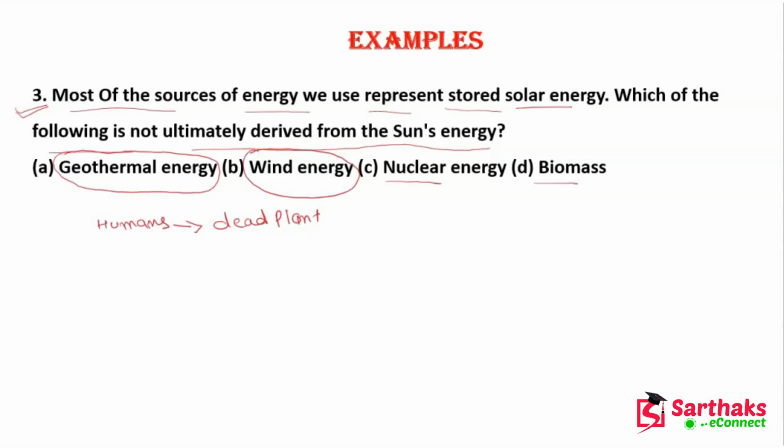Now these plants also have energy. So where does this energy in plants come from? This energy comes from the sun. So you can say that biomass is dependent on the sun's energy.